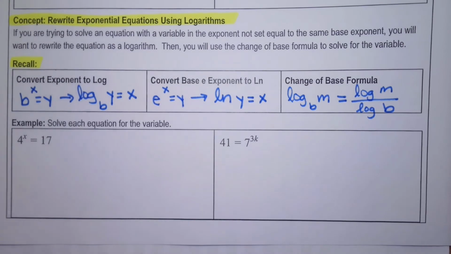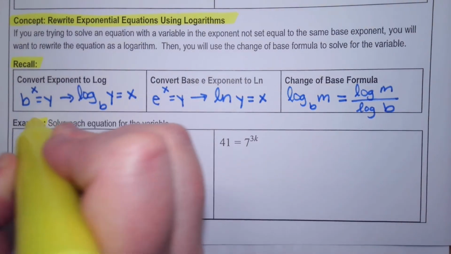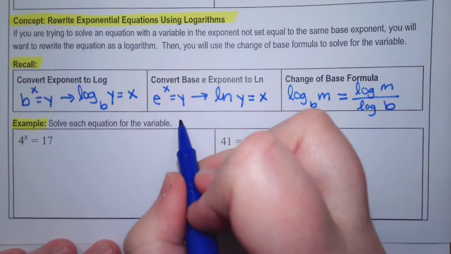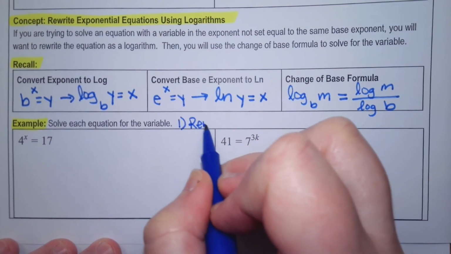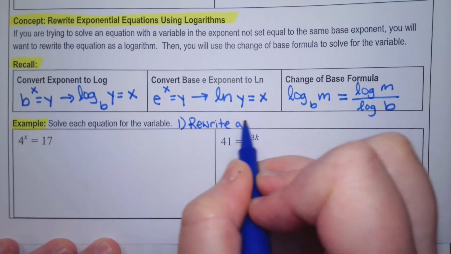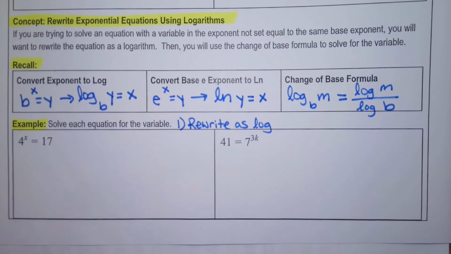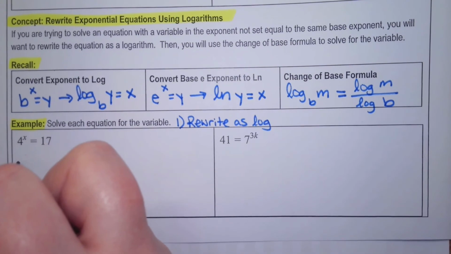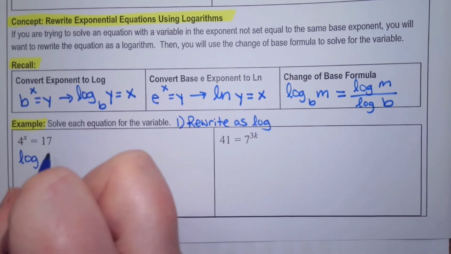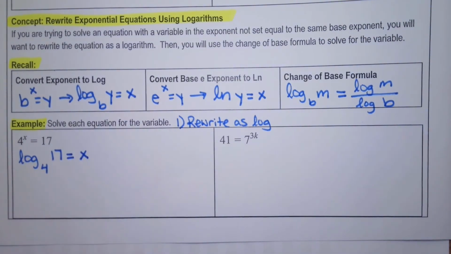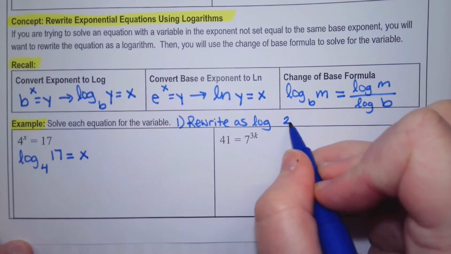All right, we're going to start very simple here with our first two examples. So, step number 1. Rewrite as a log. So 4 to the x is equal to 17. So this is going to be log base 4 of 17 is equal to x. And then step 2.